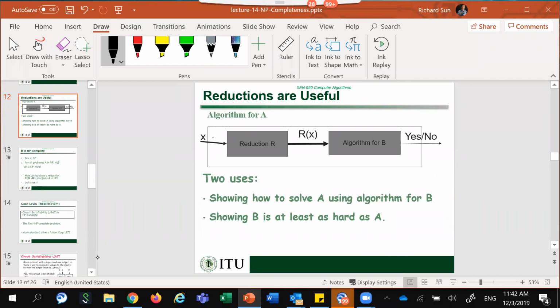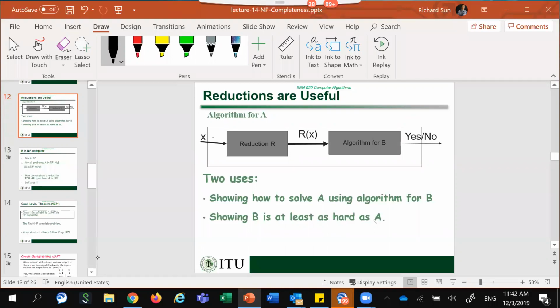Another way to look at it is if we say A is already difficult, then we say B must be at least as hard as A. Now think about this, look at this very carefully.